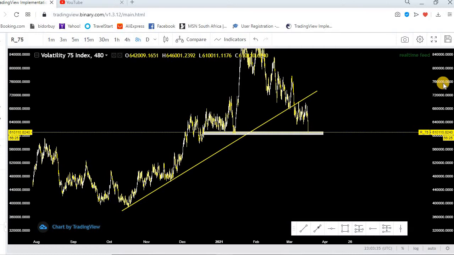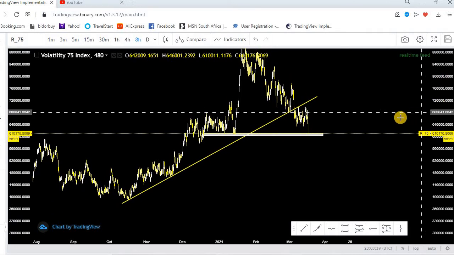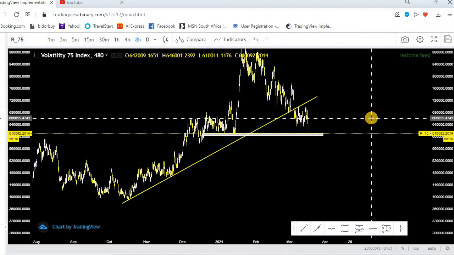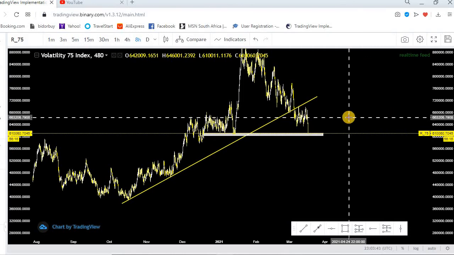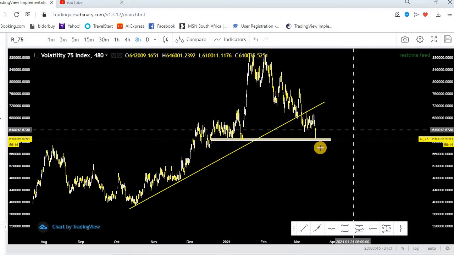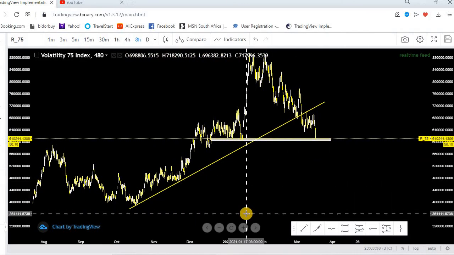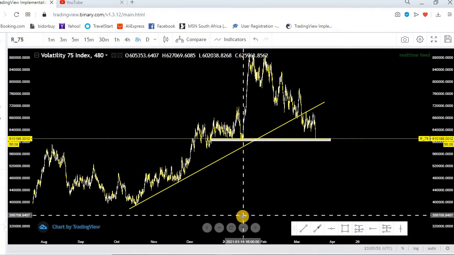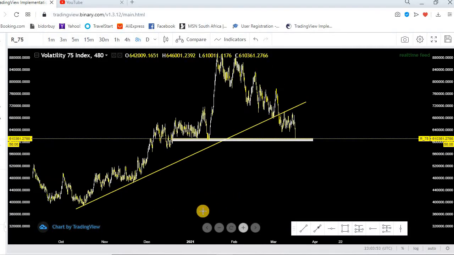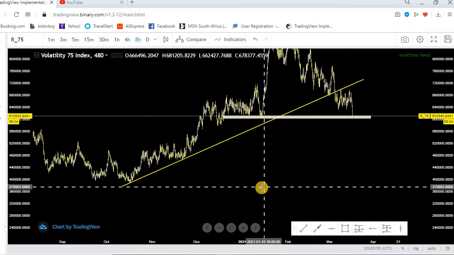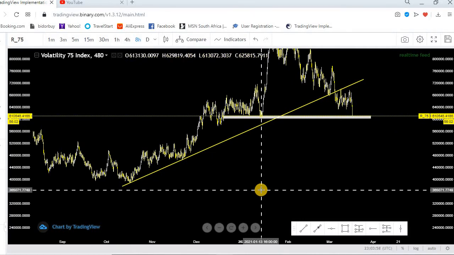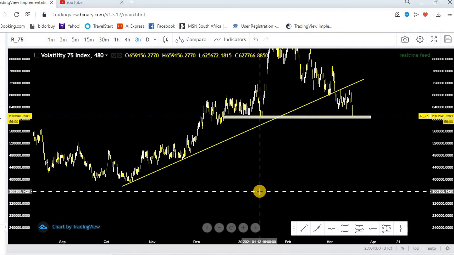As you know, when you deal with indexes like the volatility index, the instruments from derivatives, you are not trading actual things here. They are programmed by computers. So there's no news. The good thing, there's no economic news.